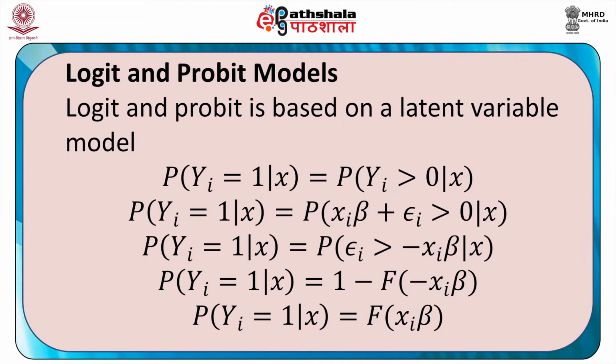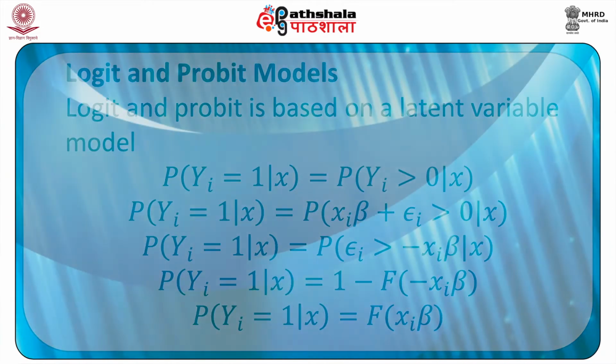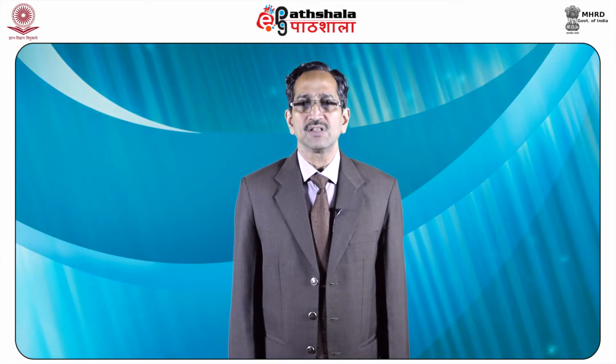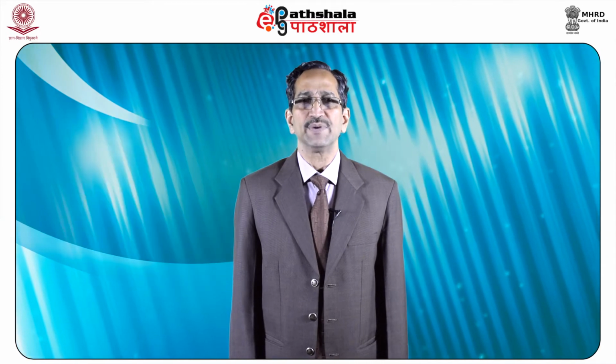Here F is capital F, which is nothing but the probability distribution function. The Logit and Probit models differ in their choice of this F function of xi beta.